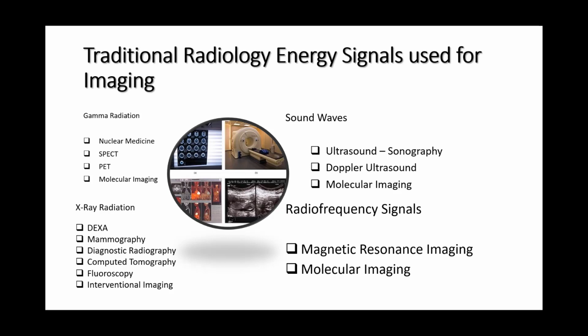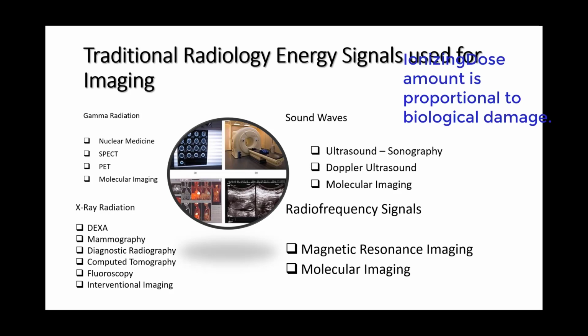Does interaction with X-ray cause damage? Either gamma or X-ray, both are ionizing radiations that can cause damage. It is the dose, or the amount or intensity of the signal, that creates the damage.